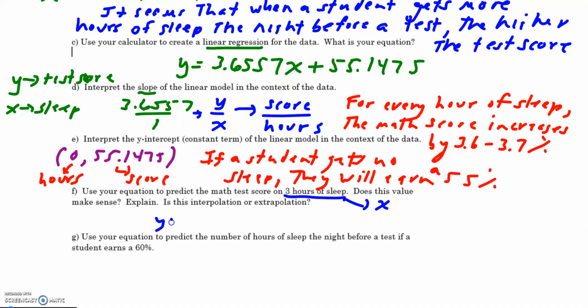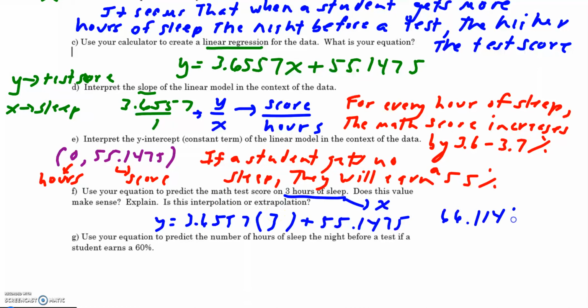So I'd have y equals 3.6557 times 3 plus 55.1475. If I plug this into my calculator, the answer that I got was 66.1146, which means that on 3 hours of sleep, you get somewhere between a 66 and a 67%, or a D+.